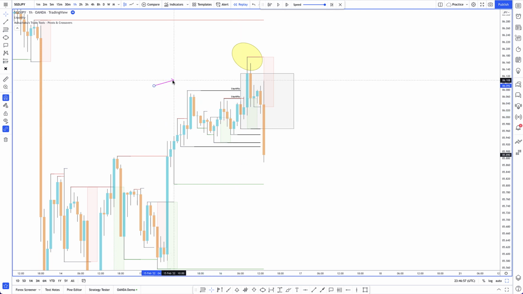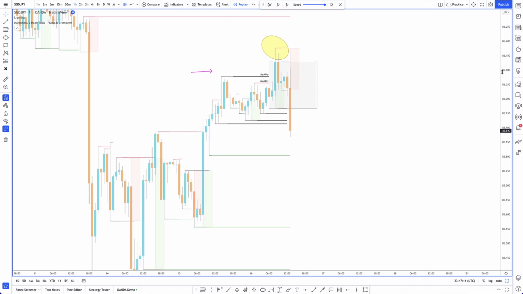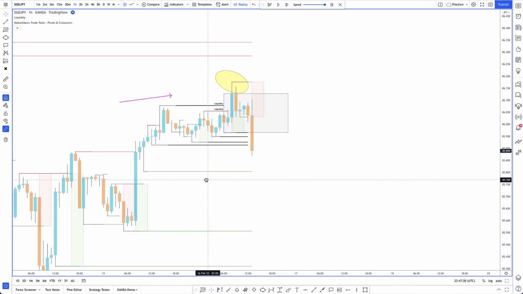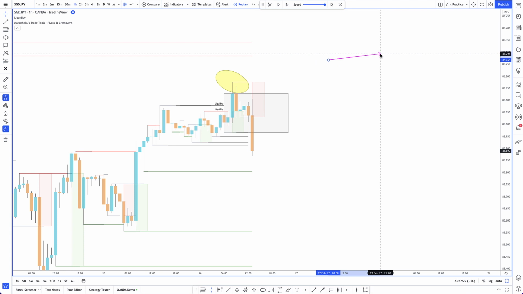Some people call this change of market character, some people call this market structure break, but in the real technical terms this is called a breaker because this has caused a break in market structure. You can see that price was clearly going up from here, but here something significant happened. So this black box is going to give you the extremities of the breaker that you need to deal with.